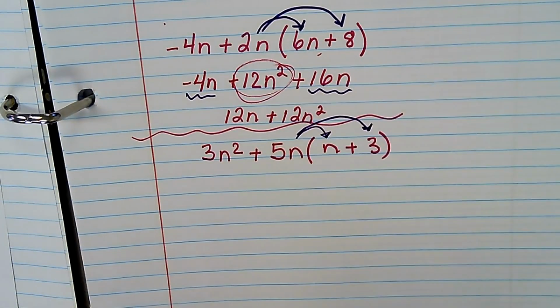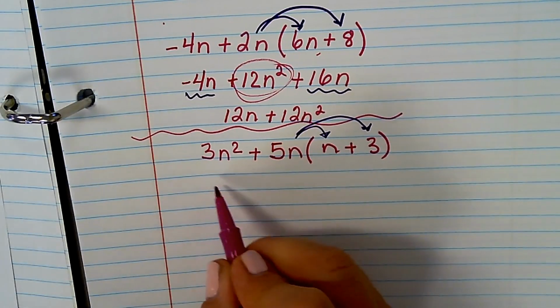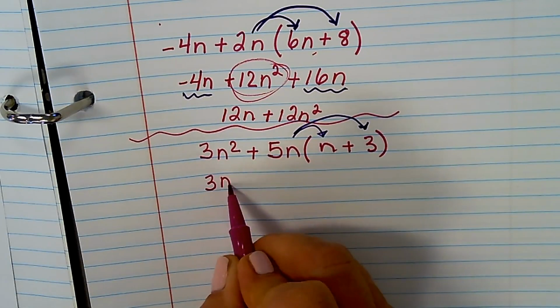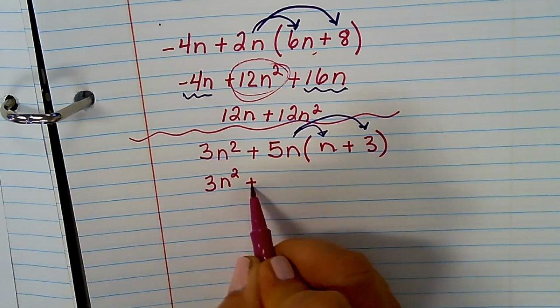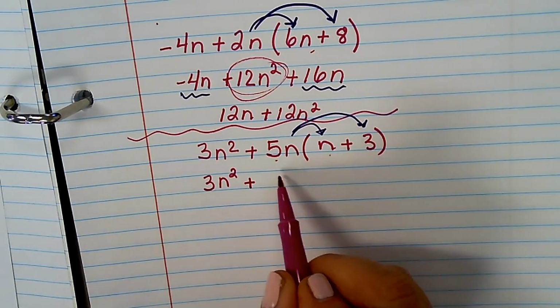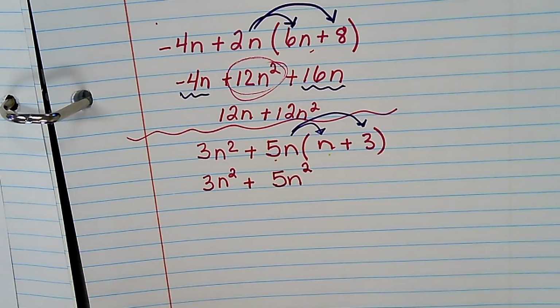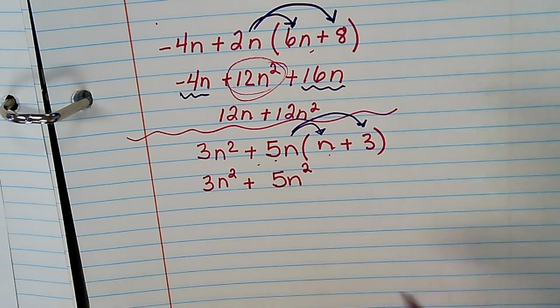Let's distribute. Do that first. The 3n squared is just going to come down. So 5n times n is going to be 5n squared. And then 5n times 3, positive 15n.